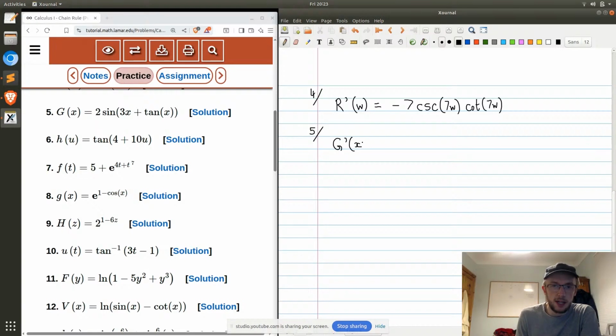So g prime of x, differentiating the outside function, leaving the inside one alone, and then differentiating the inside one. There.